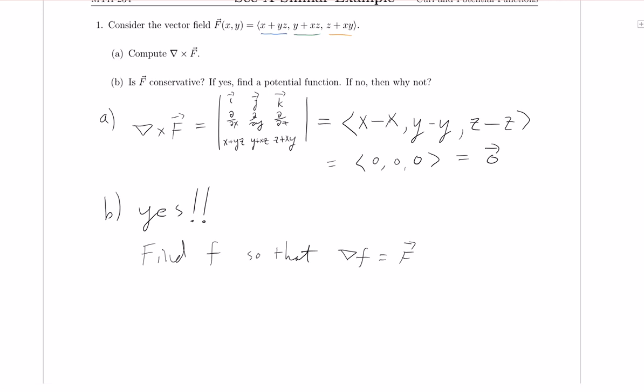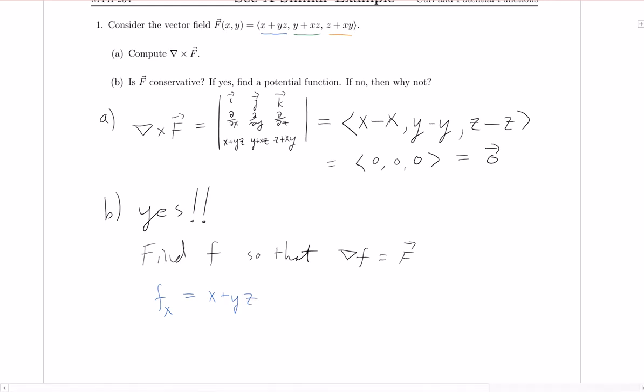I'm color coding them here. So first of all, the x derivative of the function should be the x component of capital F. So it should be x plus yz.